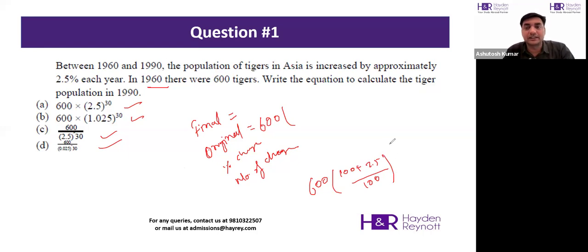N is the number of changes; each year it is changing, right? And there is a 30 year gap, so in 30 years it will be changing 30 times. Number of changes is 30. When you simplify this, you'll get 600 into 1.025 whole power 30. So that is your second option, 600 into 1.025 power 30.